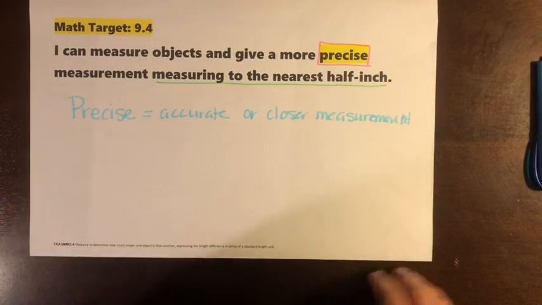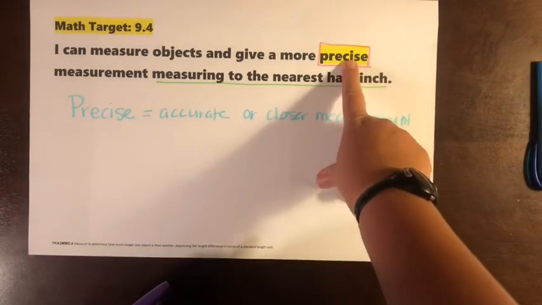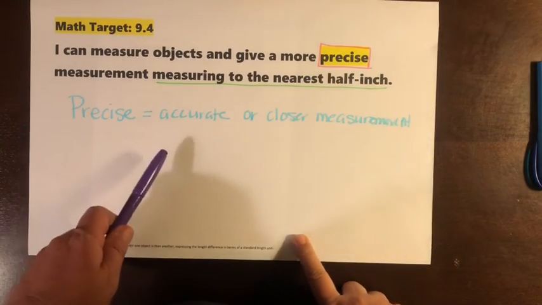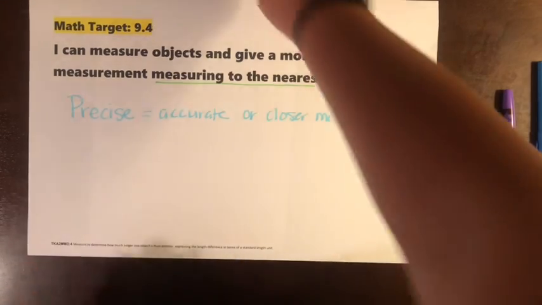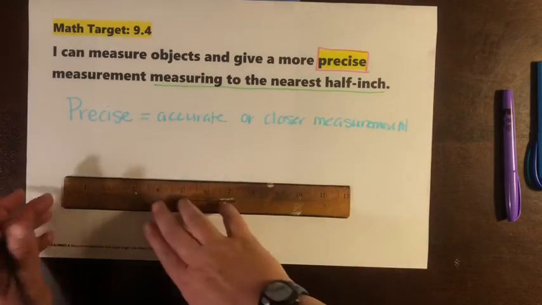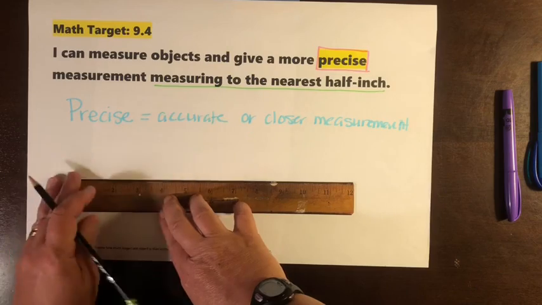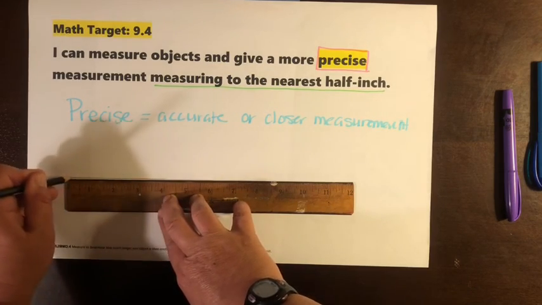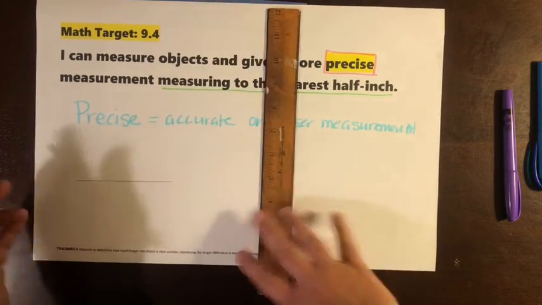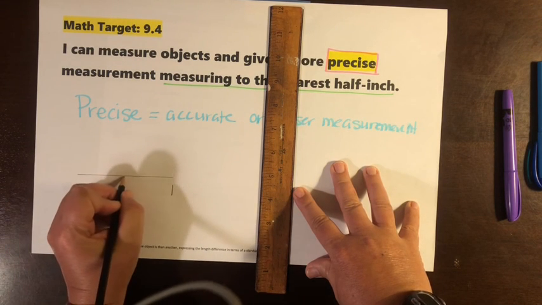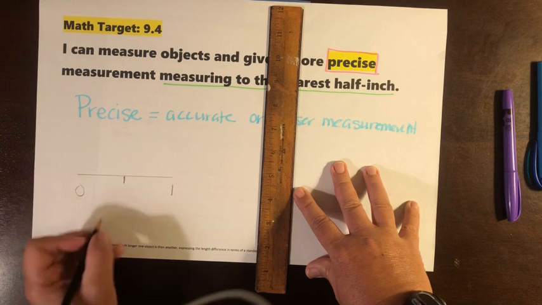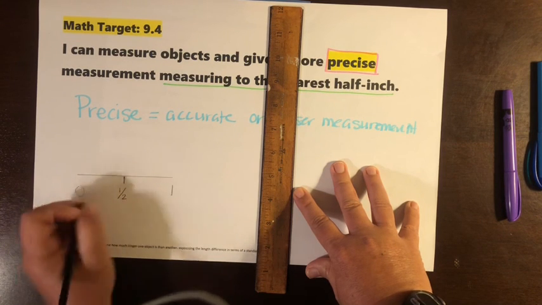So going back to our target, we talked about precise. Precise means it's an accurate or a closer measurement. We're going to put this on our target, our poster, so we can remember. If this was 0 and this is 1, we want to be able to work with half-inch measurement.